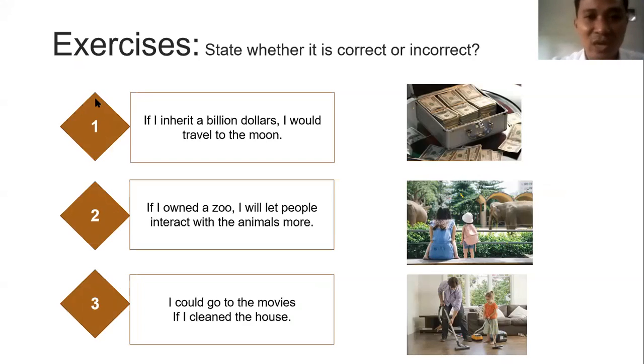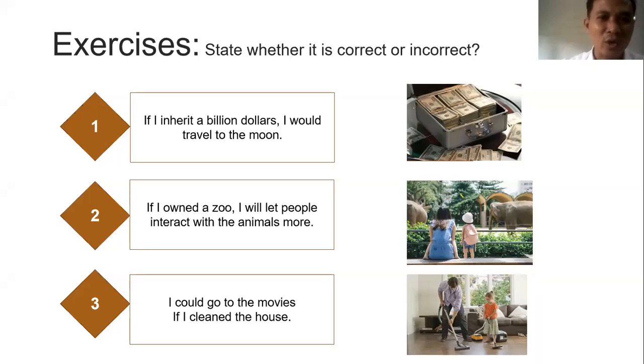If it is incorrect, what is the correct one? Number 1, please turn on your microphone. Mute your phone. Yes, who will answer? Correct or incorrect? 1, 2, 3, go. No one?